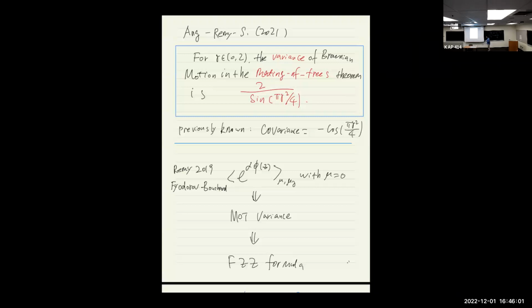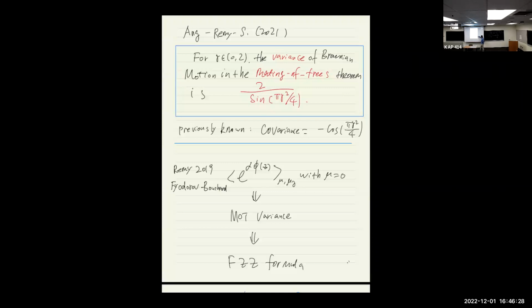And the way we do it is actually a very interesting interplay between these two kinds of approach. So the history is that first, in the case of mu equal to 0, this one-point function was computed by Guillaume Remy a few years ago, and this is equivalent to a famous formula in the matrix model called the Fyodorov-Bouchaud formula for derivative Gaussian chaos.